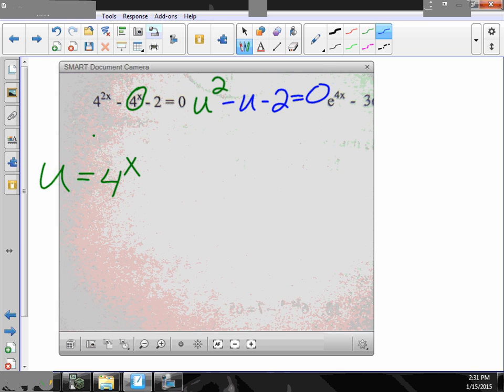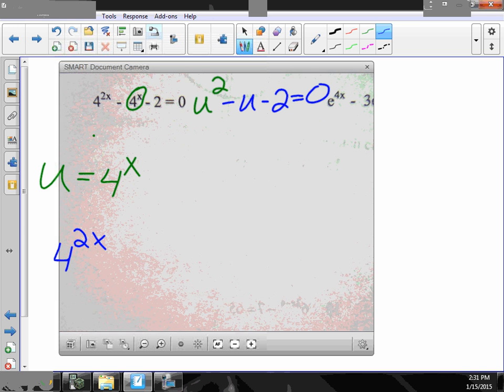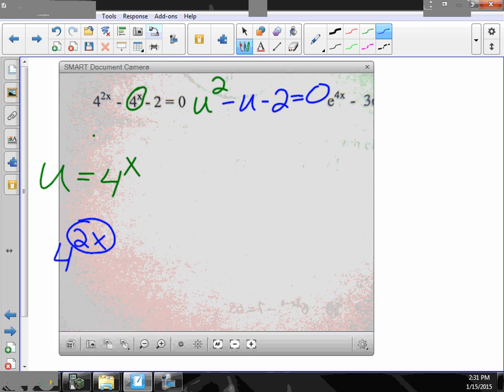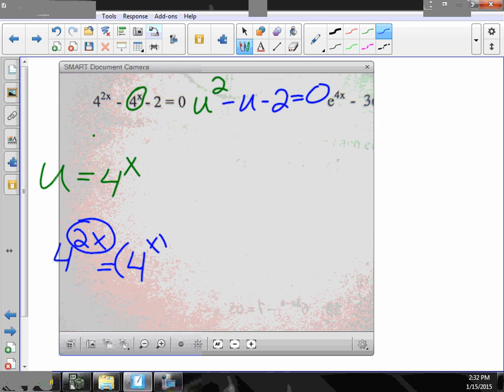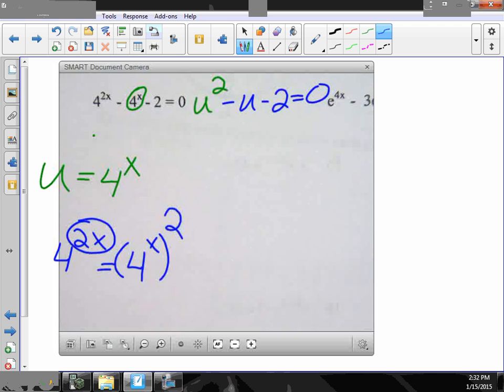Just as a side note, if I had 4 to the 2x, can I split this? When you multiply two exponents together, there's another way to represent that. No, you're going the wrong way. It's the same as 4 to the x to the second, right?